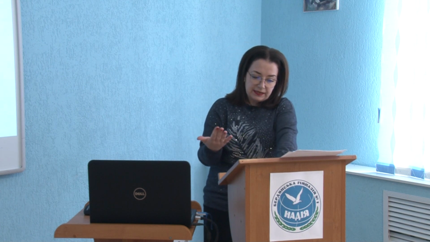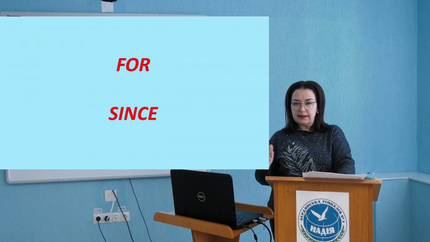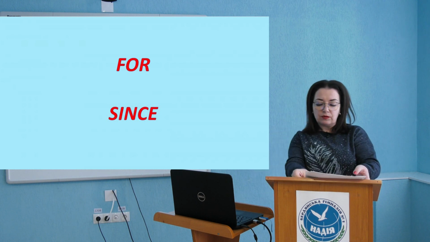Both of these words are used with the present perfect tenses and also with the past perfect tenses. And both of these words explain how long the action has been happening for. It's a duration of time. So, when we are using the present perfect tense, you want to give more information about the amount of time the action has been happening for. And then we can use the words for and since. Clear now? Okay, I'm keeping on.